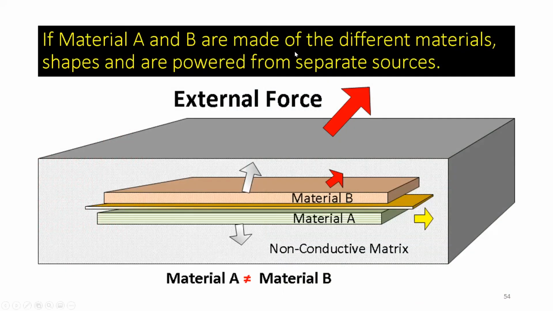So if A and B are made of different materials and shapes and they're powered from separate sources, our model says we can generate an external force. It won't necessarily be vertical because it's going to be a sum of the vertical, the transverse and the longitudinal forces inside the materials. I represent that as yellow, red, and these 2 vertical forces. And this would be for material A and B not being equal.